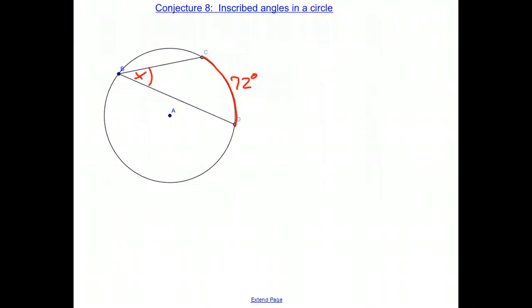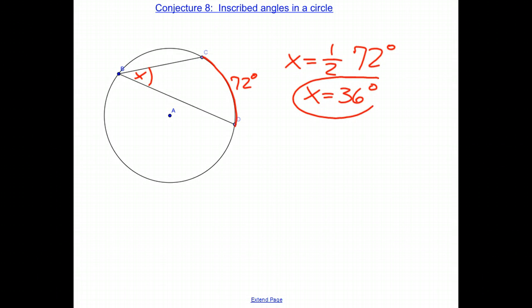We have the arc that it intercepts at 72 degrees. So what do we know about angle X? Well, we know that angle X is going to be 1/2 the measure of the arc CD, which is 72 degrees, so X must be 36 degrees. And there's a basic example.